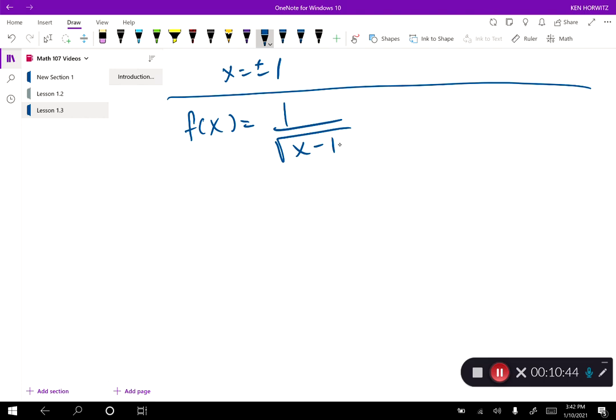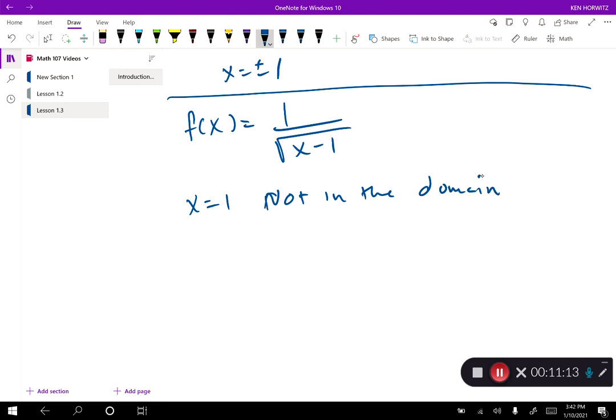Any value of x that will make the denominator equal 0 has got to be gone. All right? So x equals 1 is not in the, I'm going to call that domain.